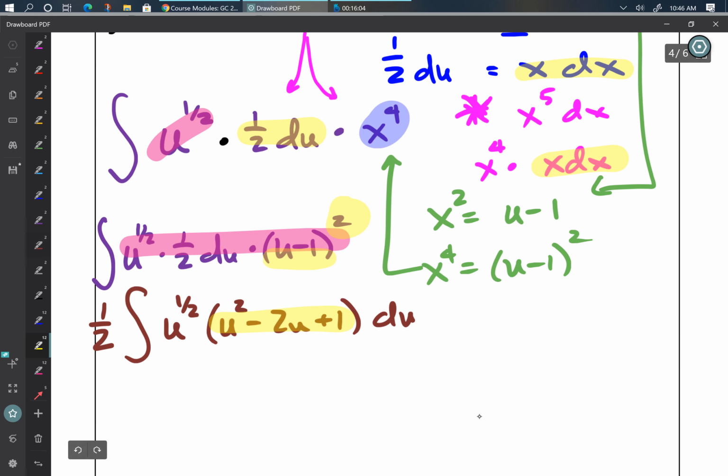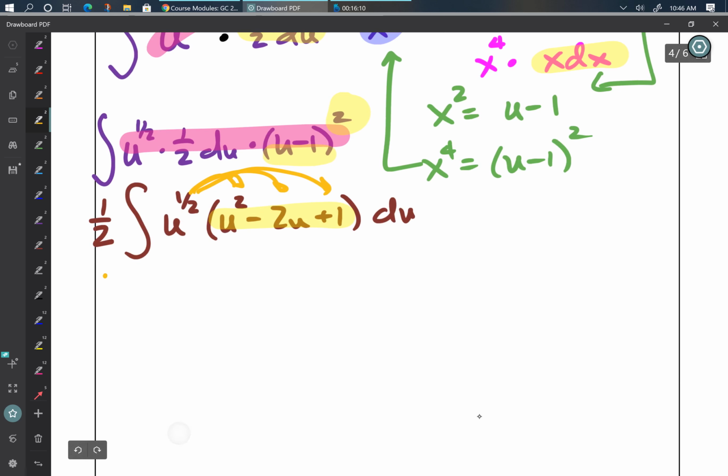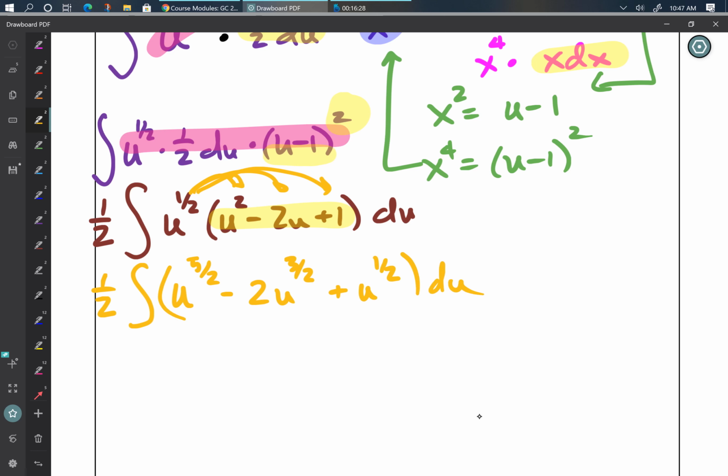Now I'm going to distribute into those three terms of that trinomial, and I'm going to have 1/2 times the integral of u to the 5/2, u to the 1/2 times u squared, minus 2u to the 3/2 plus u to the 1/2 du. And now I do have an integral that I can integrate.